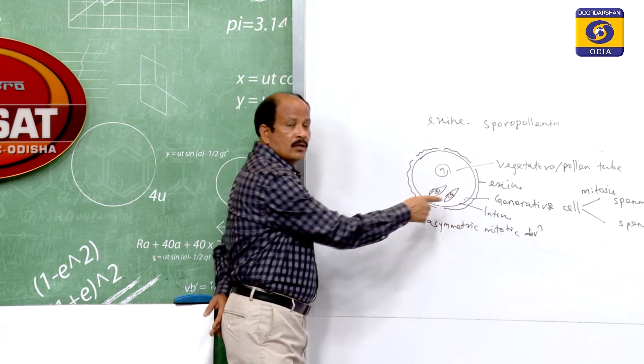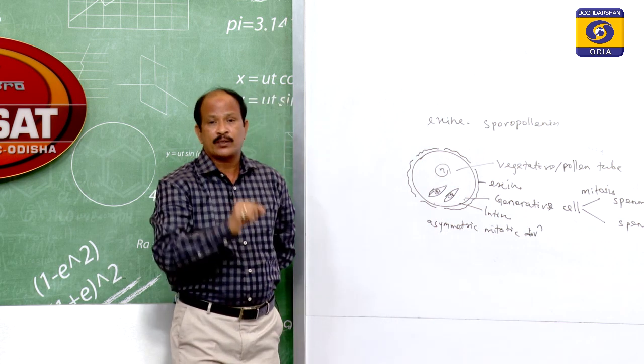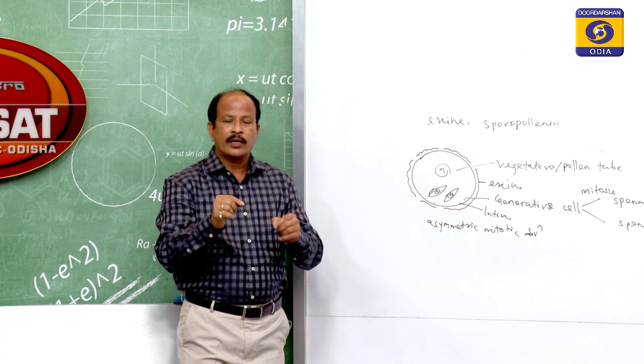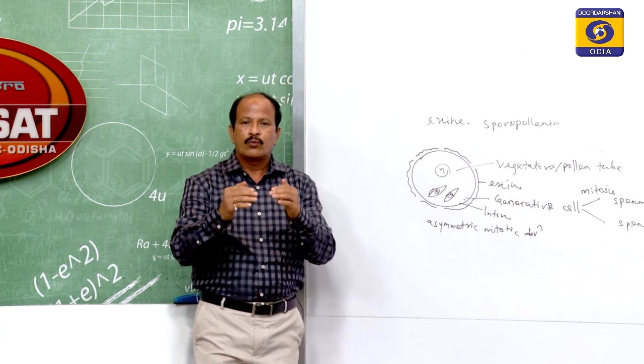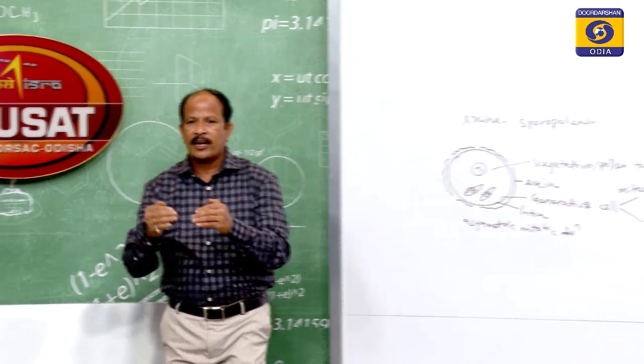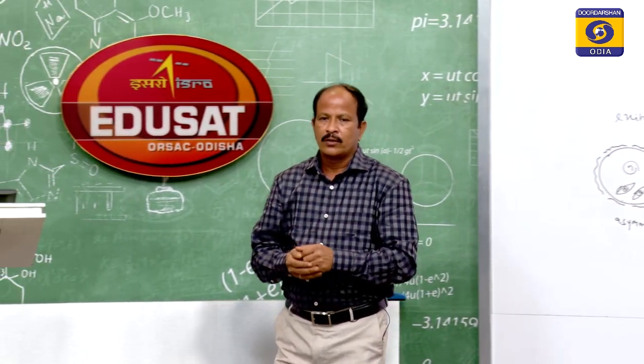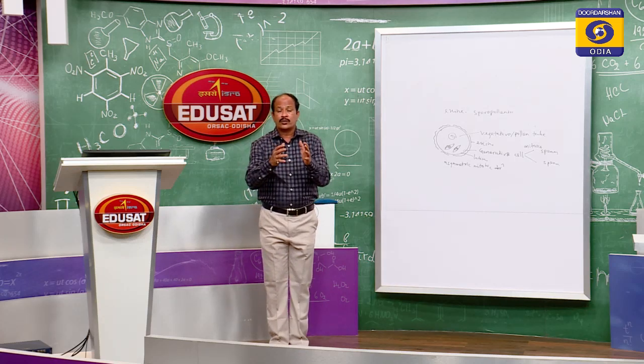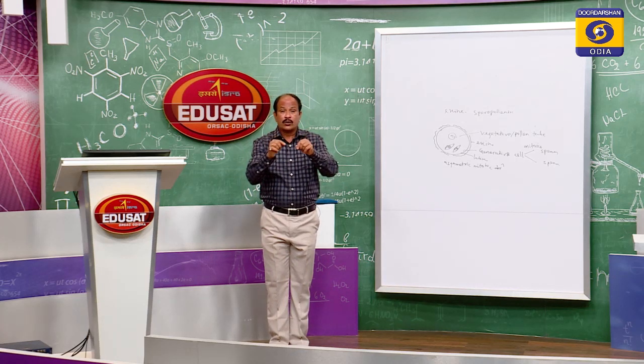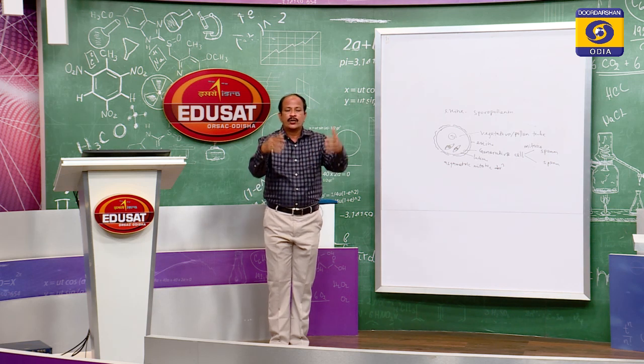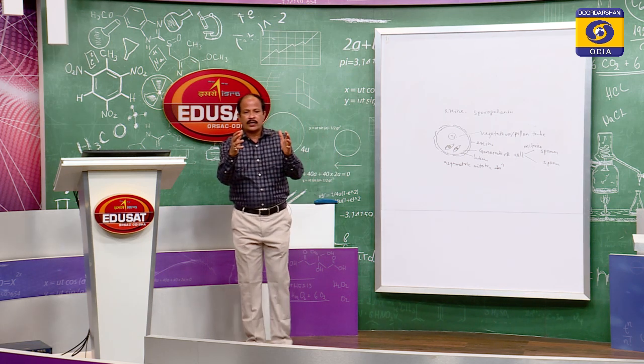Around this there was very little cytoplasm, and it resulted in one generative cell and one vegetative cell. The vegetative cell nucleus is somewhat convoluted, it has more surface area and it controls the entire vegetative cell.